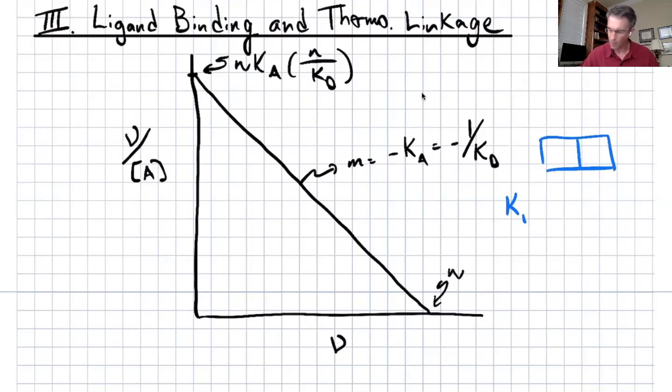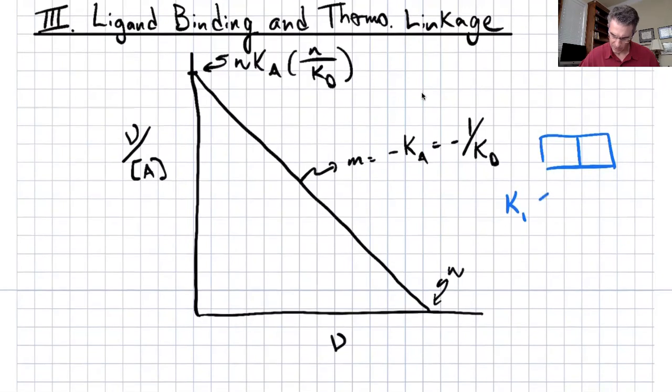If K1 binding to one site is much greater, or, let's use the microscopic in this case, let me switch back to using kappa. If kappa 1, let's say, is much greater than the intrinsic affinity for the other site, you get a characteristic Scatchard plot. It does something like this.